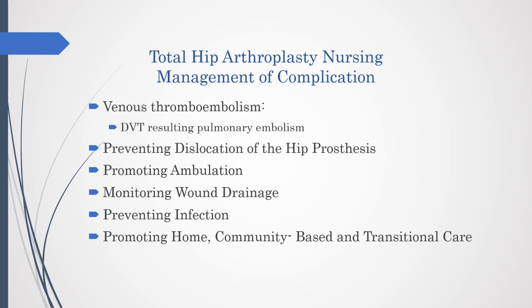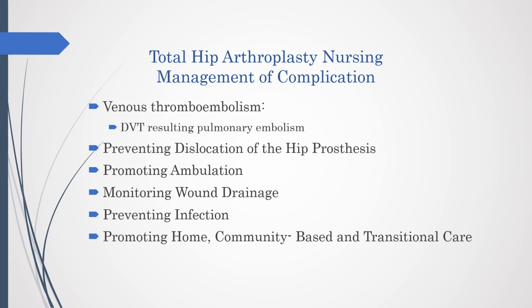Make sure to learn about them from the book and see what the nurse's role is in preventing DVT, and when the actual problem is there, what the nurse should do. As I said, prevention is anticoagulant therapy, SCDs, and also slight range of motion to prevent deep vein thrombosis.